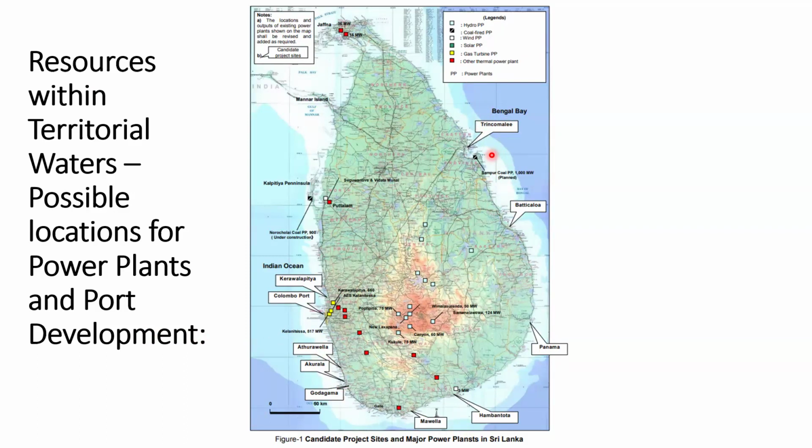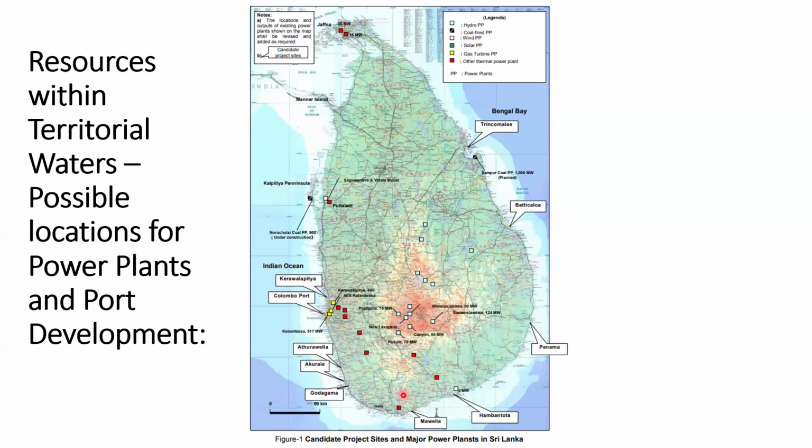That means the Trincomalee natural harbour can facilitate this. Now there are some studies we have carried out to identify the Batticaloa area, Panama, Hambantota, Marvella. Now at Marvella, there are small harbors, not a port, it's more like a harbor, but these harbors can be developed as small shipping ports.